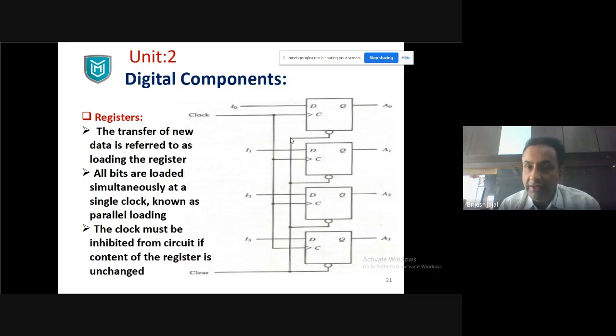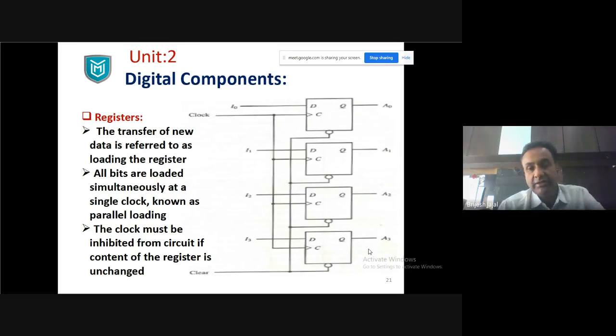But yes, you will find one thing extra here. This one at the center: all the flip-flops are connected through a special line called clear. What is clear? This is like a switch, switch it on, switch it off. So what is clear going to do? When I say clear, make everything 0, 0, 0, 0, just like reset.